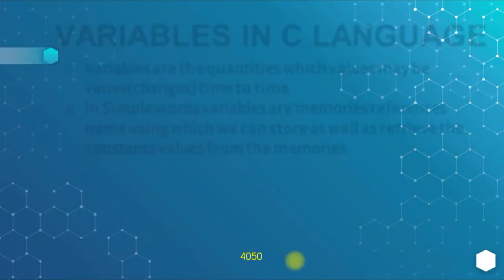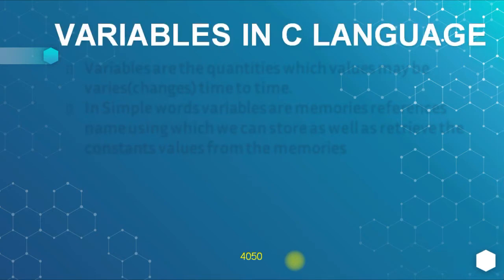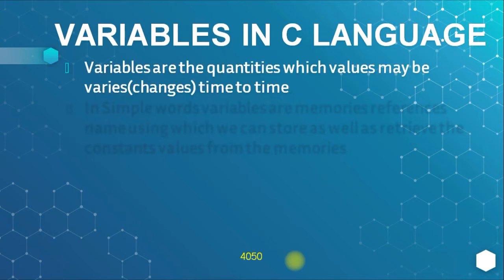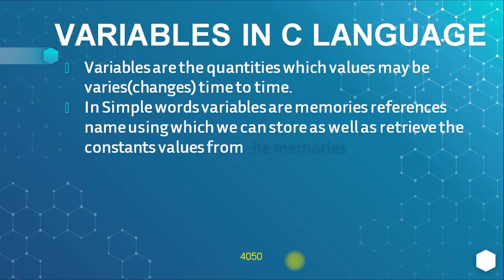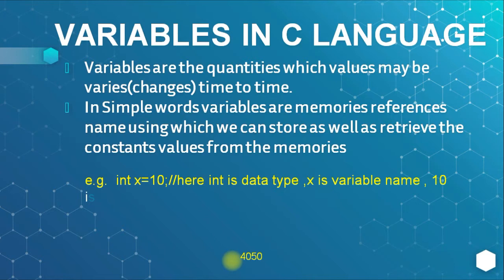Next one is variables in C language. What are variables? Variables are the quantities whose value may vary, or we can say change from time to time. In simple words, variables are memory reference names using which we can store as well as retrieve the constant value from the memory. Let's see with an example.